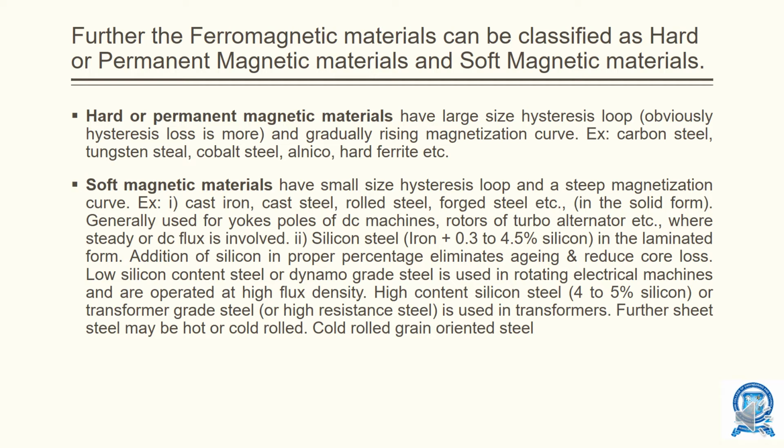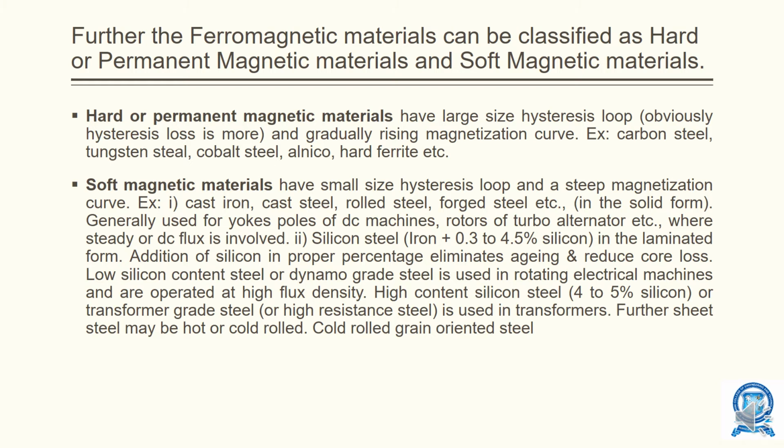Further, ferromagnetic materials are classified into hard and soft magnetic materials. Hard or permanent magnetic materials have a large hysteresis loop and a gradually rising magnetization curve. Examples: carbon steel, tungsten steel, cobalt steel, alnico, hard ferrite, etc.